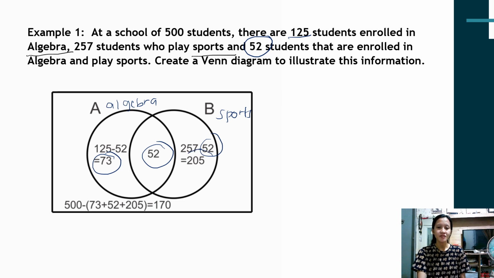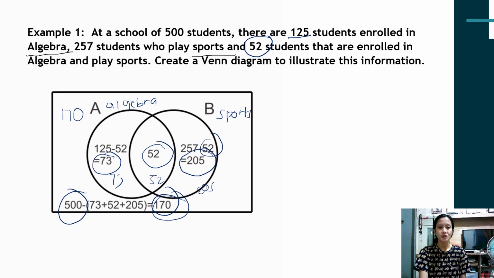So, 205 students who enrolled in sports only. We have 170. How did we get 170? Remember, we have 500 students. So i-minus nimo siya sa 73, 52, and then 205. The total is 170. So ang 170 students, kung i-illustrate nato siya, nasa universal set, pero wala sa duha ka set na given.